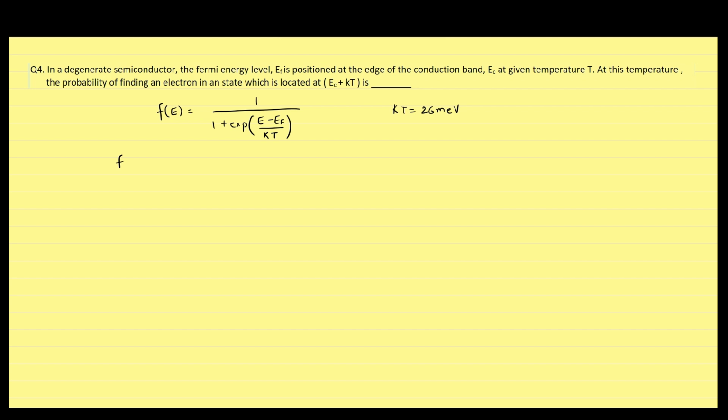Now we put the value of E to be equal to EC plus kT. 1 divided by 1 plus exponential EC plus kT, and you also know that EF, which is Fermi energy level, is given at the edge of the conduction band EC. Therefore, EF is equal to EC.